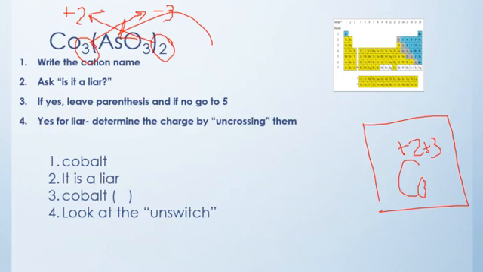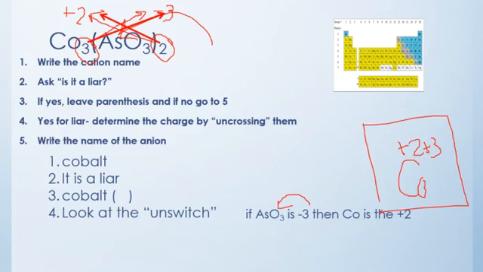You have to look at the unswitch, and then you have to go look to see if the AsO3 is indeed a 3. And in this case, AsO3 is a -3. So then I know that the cobalt here was in fact the +2.